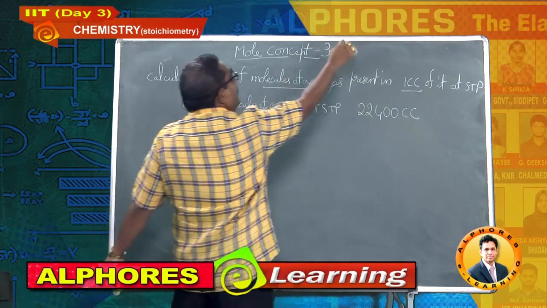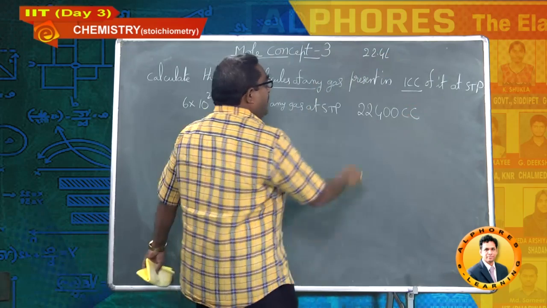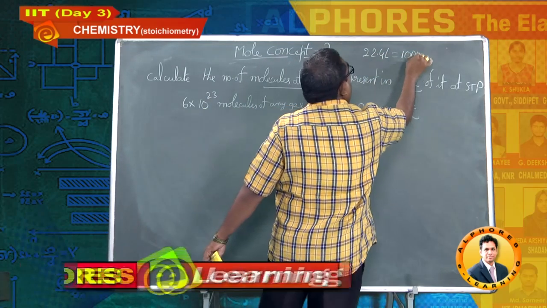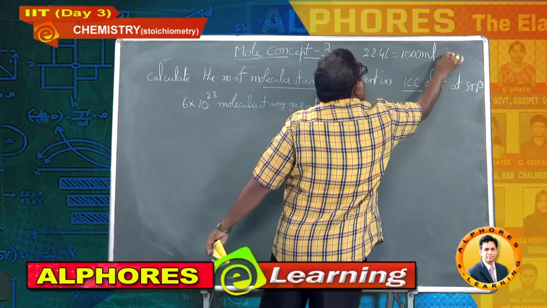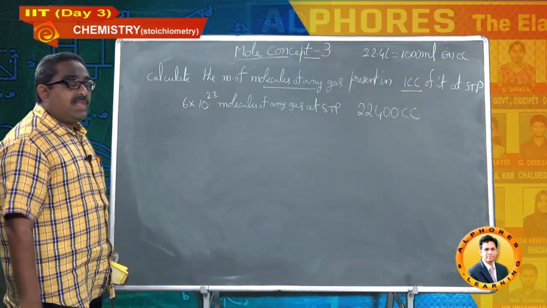I am going to give the unit here: 22.4 liters. 1 liter is 1000 ml. ml or cc, both are same. Centimeter cube and ml, both are same.